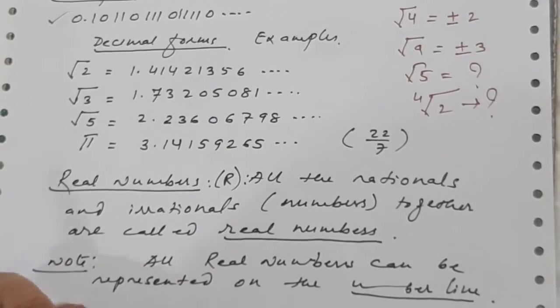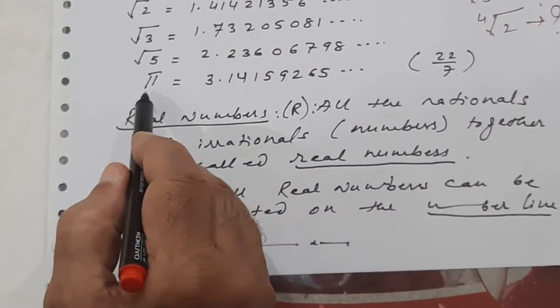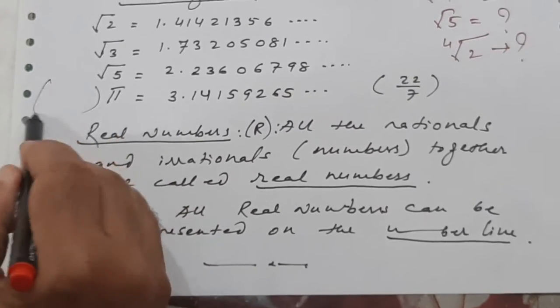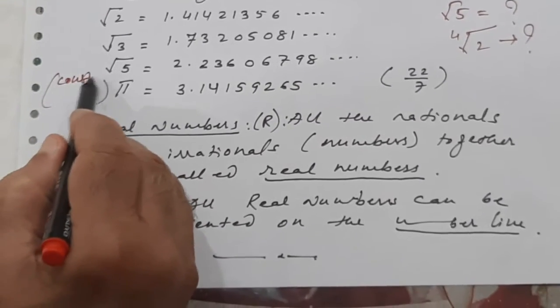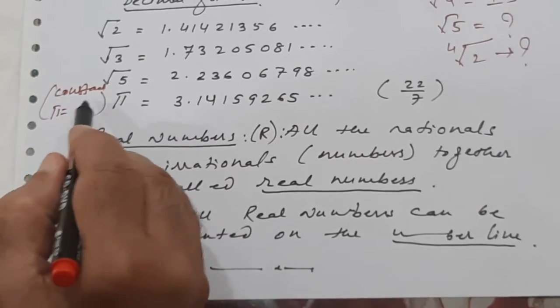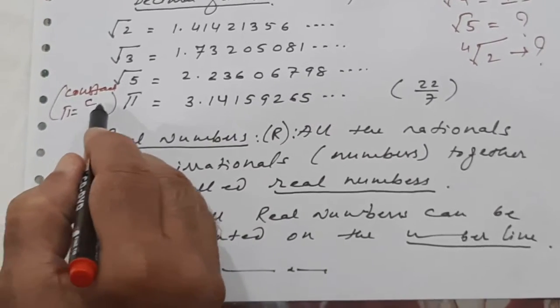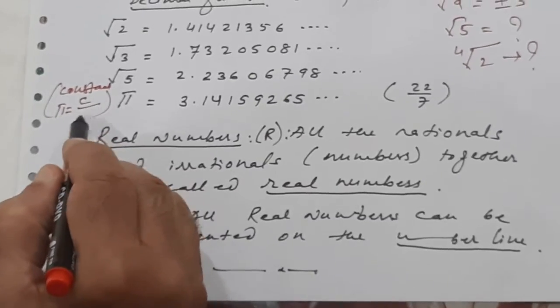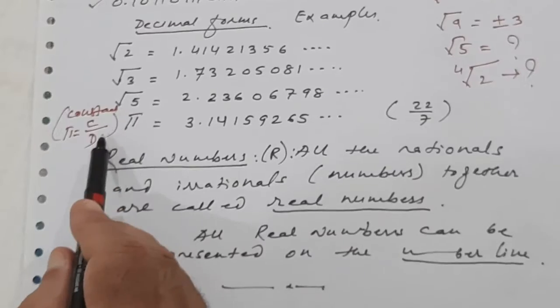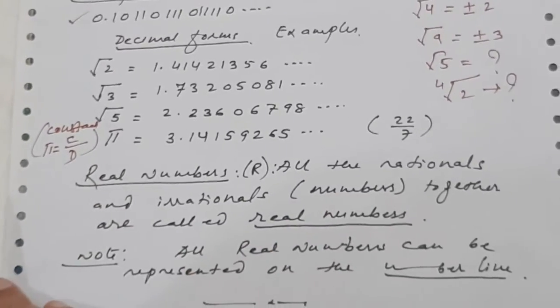Root 5 is equal to 2.2360679 etc. Now pi. Pi is a constant. This constant is the ratio of the circumference of the circle and its diameter. So pi is equal to C upon D. You must have studied this in class 8.